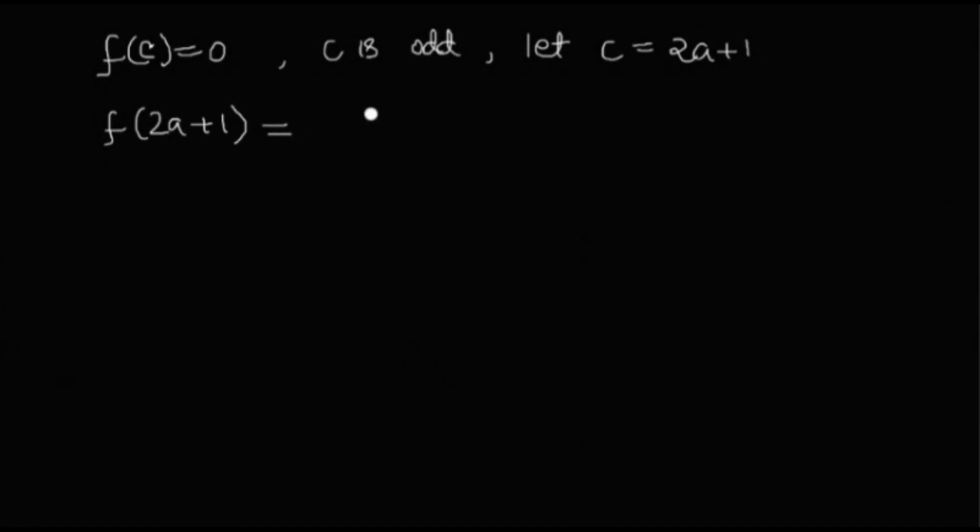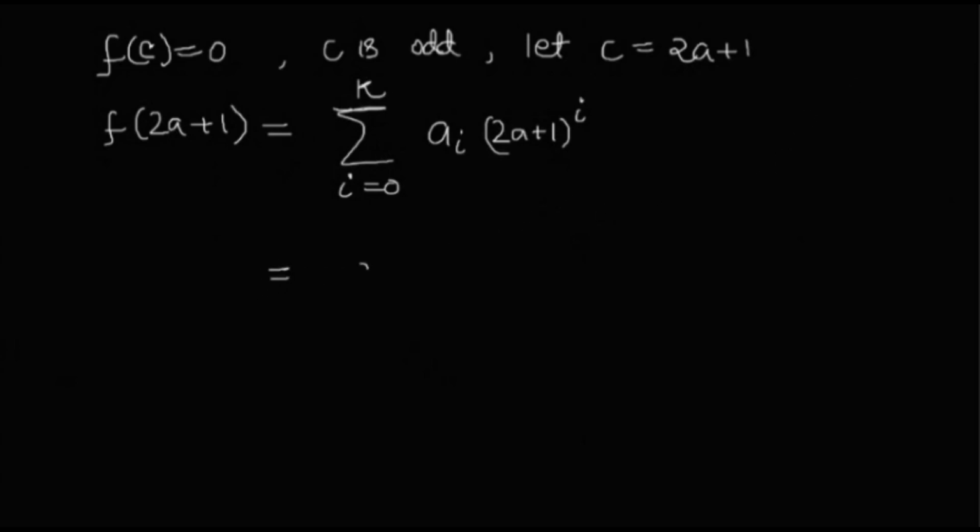So similarly, you have f of c equals 0, and this time I'm considering c is odd. If c is odd, let c be twice a plus 1, right? Then you'll have f of twice a plus 1 equals the summation of ai times twice a plus 1 to the power i, i going from 0 to k, right?